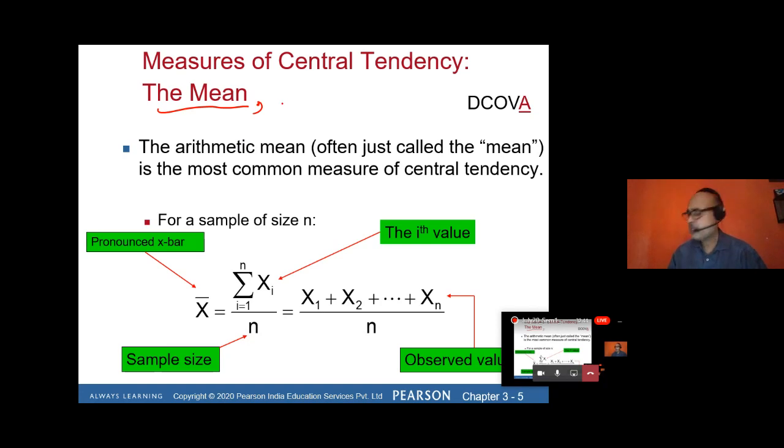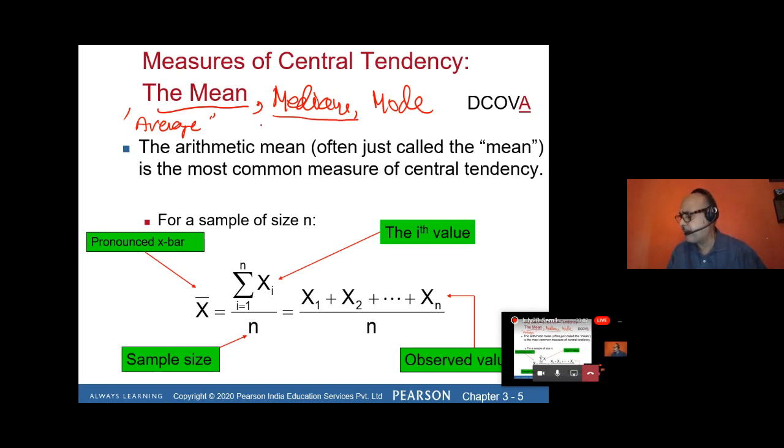Am I clear? Second one is median. And third one is called mode. I'm writing here on this PPT itself. Mean, median, and mode. Mean, in common words, all of you know, is also known as average. Am I clear? Median is the 50% position.